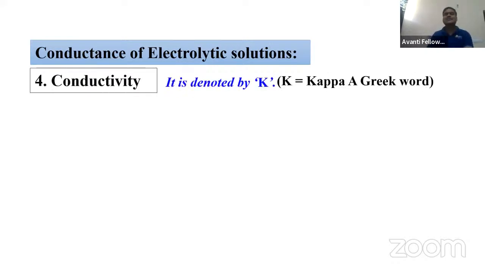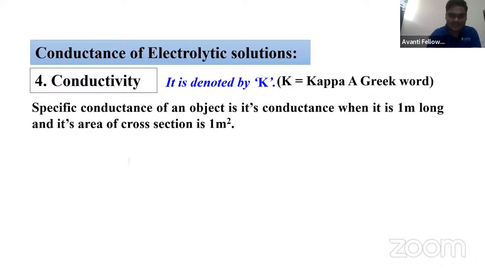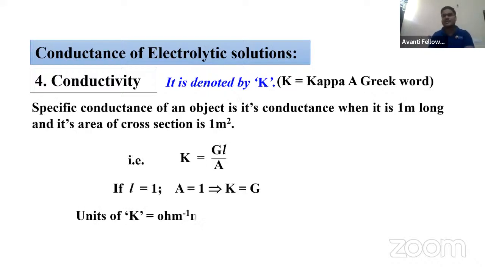Now the next is conductivity. It is also a very, very important term. As the name suggests, conductivity is nothing but the reciprocal of resistivity. So we know the formula of conductivity. How will you derive this? Tell me quickly.